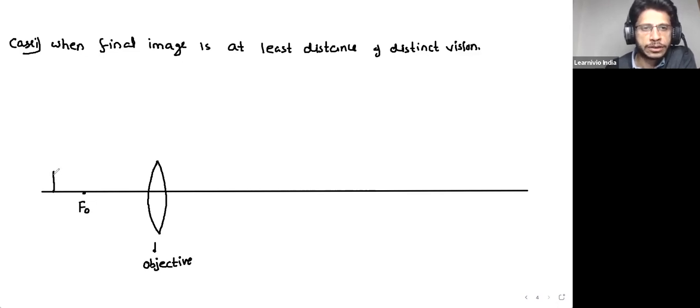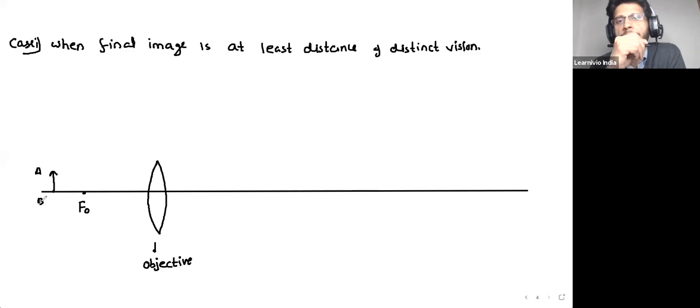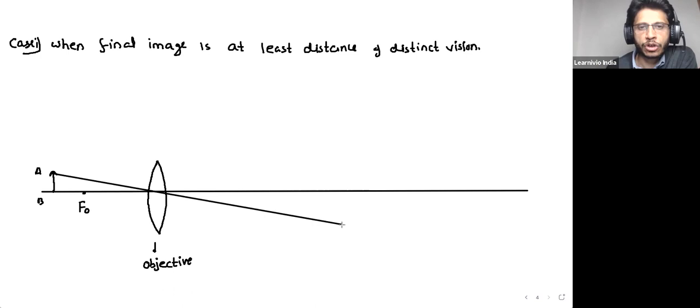Beyond the focus, I place this object AB. So your object AB is placed beyond the focus of the objective. Your aim is to magnify this object. So this objective lens will first make an image of this object.